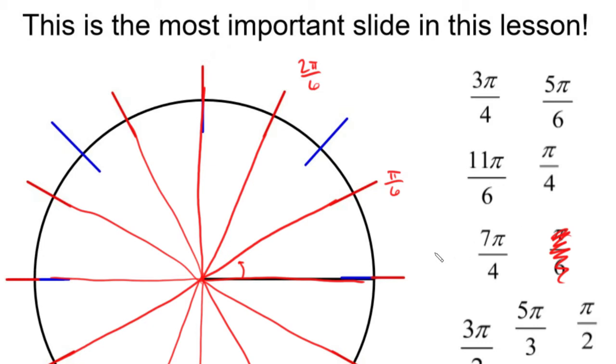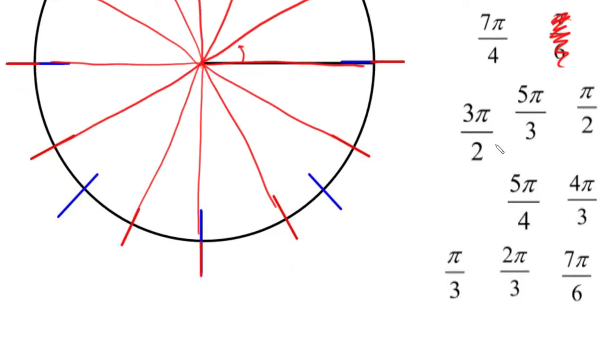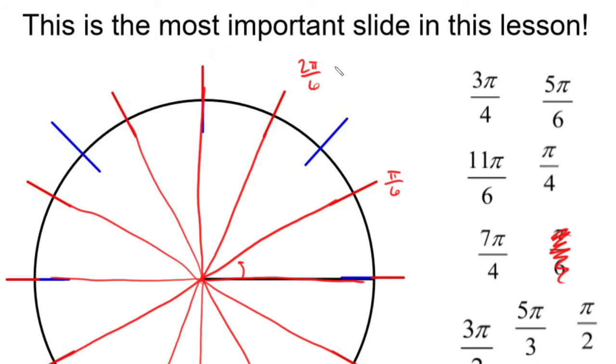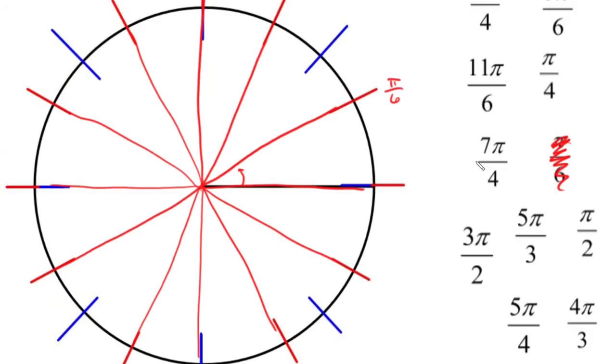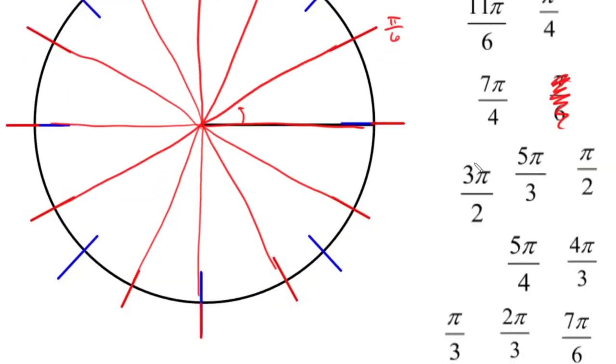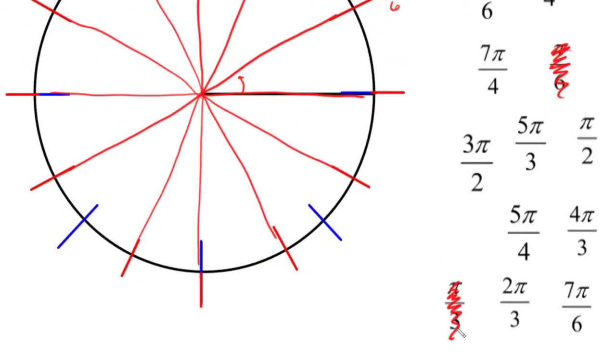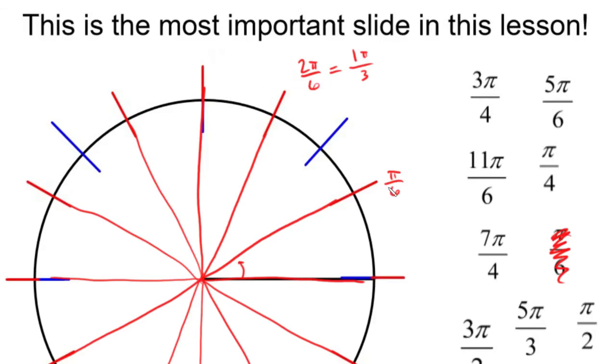So now we have 2 pi over 6. 2 pi over 6 can reduce into 1 pi over 3. So this angle here is pi over 3. So here's our pi over 3. We've got pi over 6, then pi over 3, because that's 2 pi over 6.